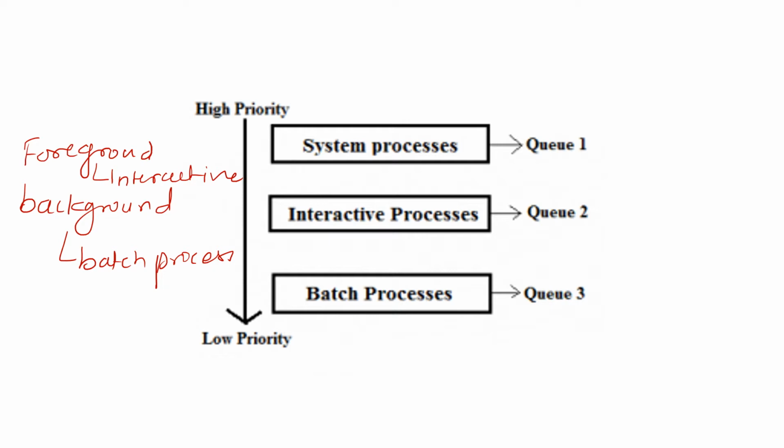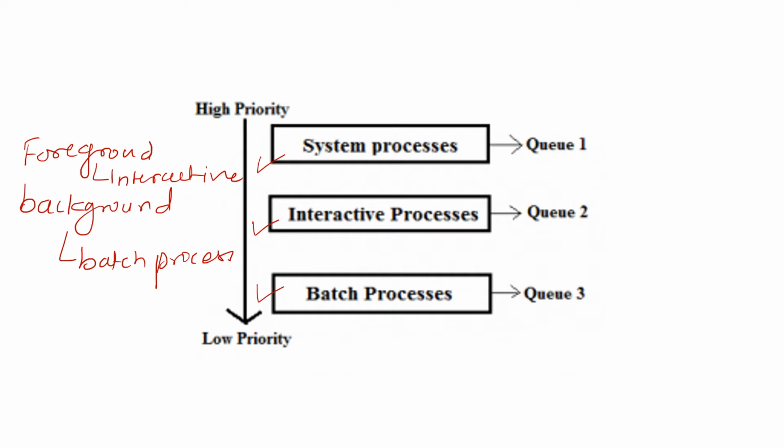Now let us see how it works. Ready queue is divided into separate queues for each class of processes. For example, let us take three different types of processes. So here in the figure I have shown system processes, interactive processes and batch processes. All three have their own queue.